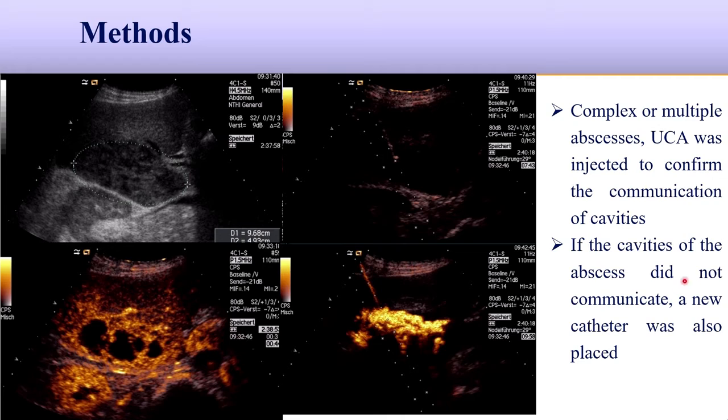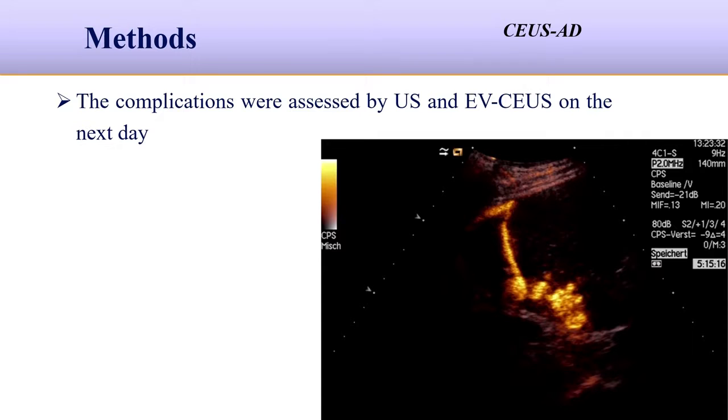But if the cavities of the abscess did not communicate, a new catheter was also placed. On the next day, we performed the conventional ultrasound and extravascular contrast enhanced ultrasound to assess the complications.